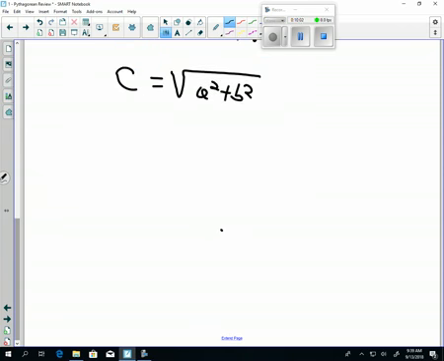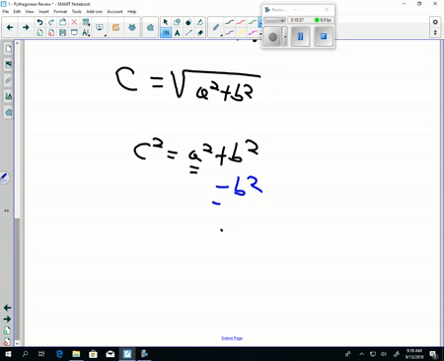Now, take it one step further. Let's start with Pythagoras again. c squared equals a squared plus b squared. Let's say we only want to find a squared. If I only want to know what this is, what do I have to do? I have to get rid of this. So if I want to get rid of this, I have to take it away. b squared minus b squared, they cancel out, right?